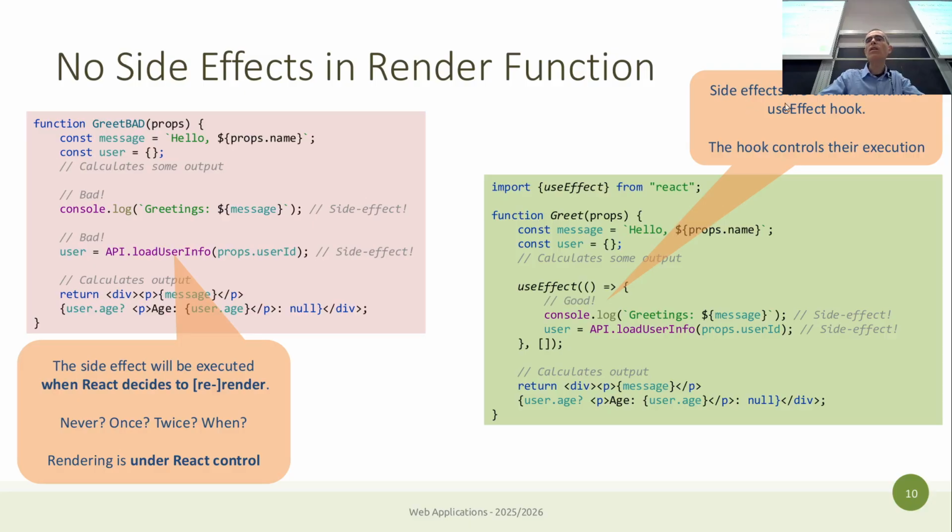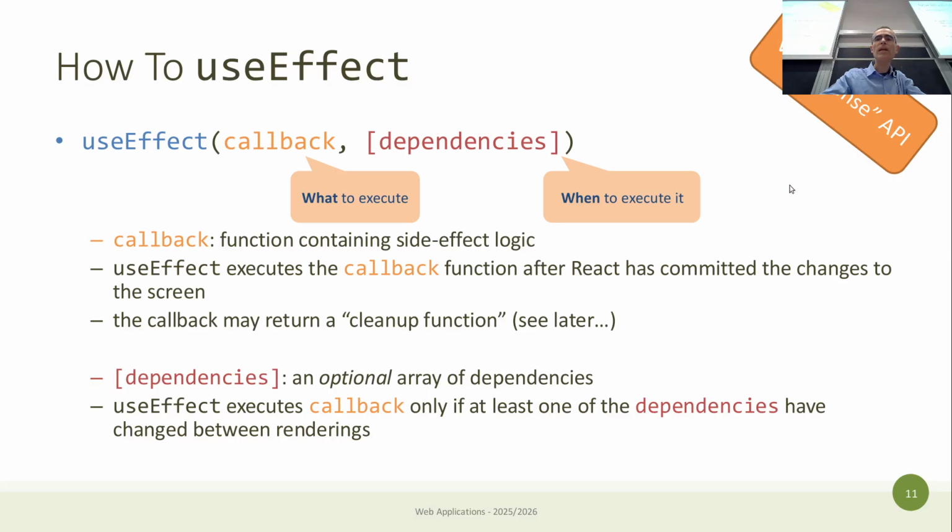So all side effects must be confined within a hook, and in our case, the useEffect hook, and the hook controls their execution. So when this code is actually executed, and we will see now how can we control it. How can we control it? Well, it depends on the second parameter.